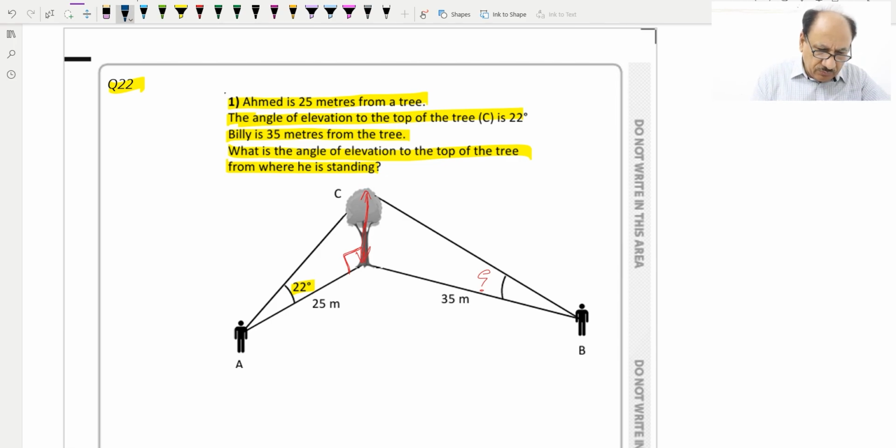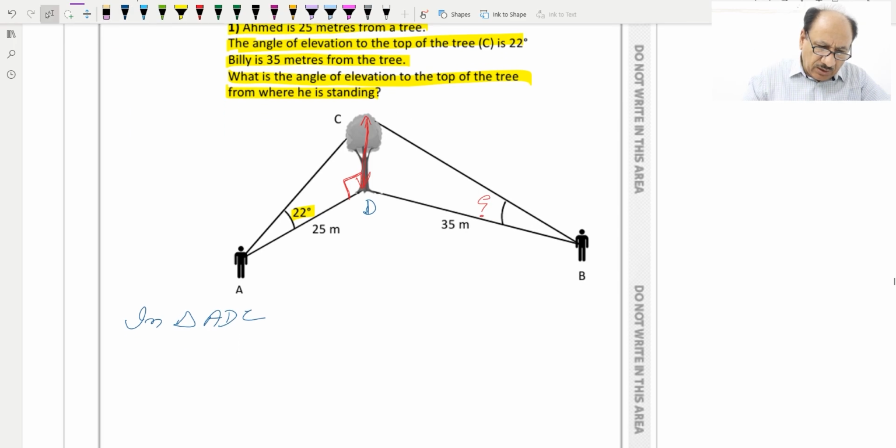This is A, B, C, and this point we can take as D. So in triangle ADC, where D is a right angle, we can write DC over AD will be equal to tan of 22 degrees.